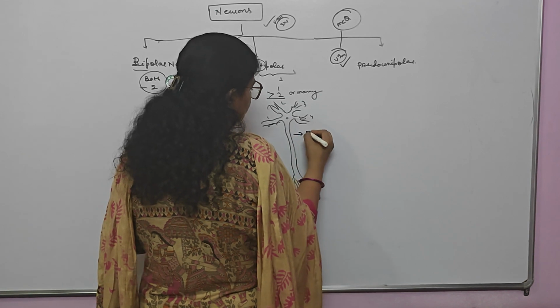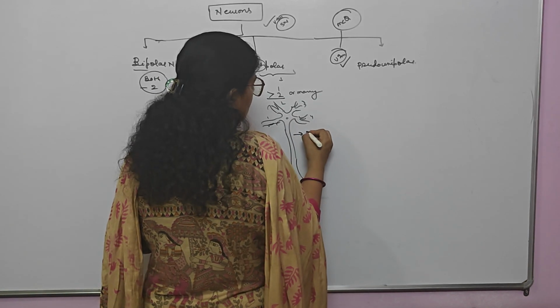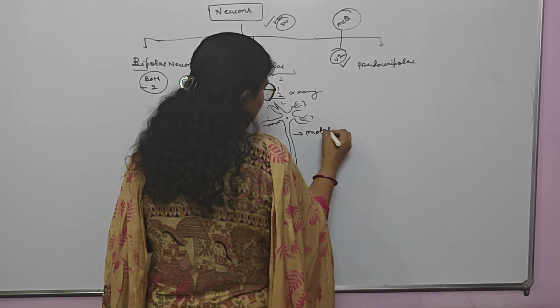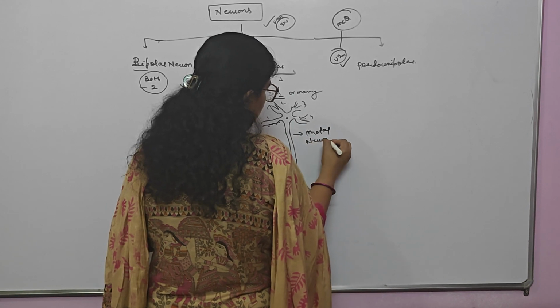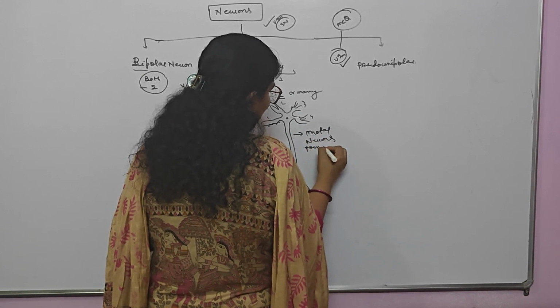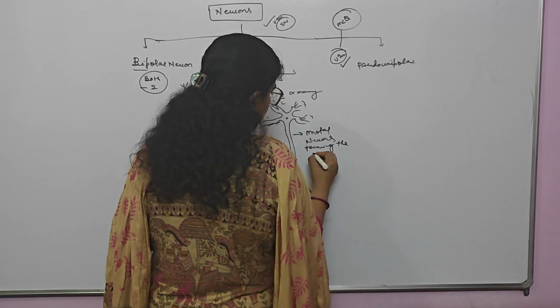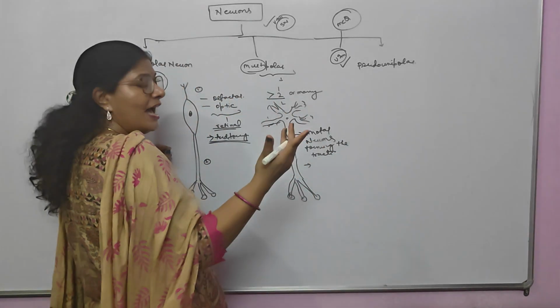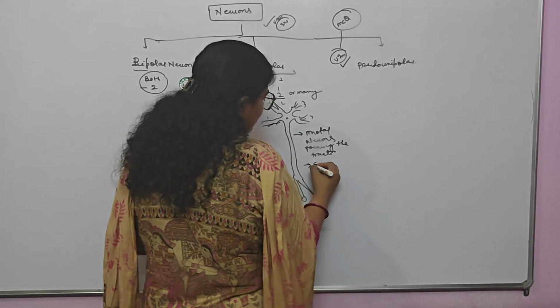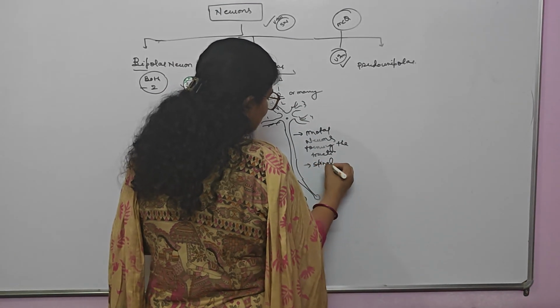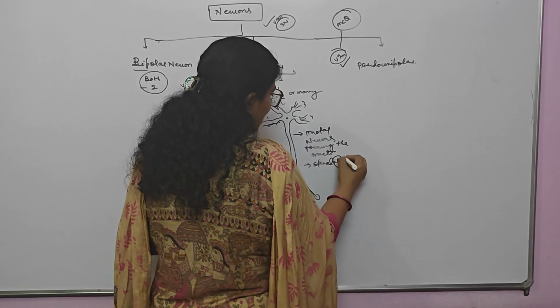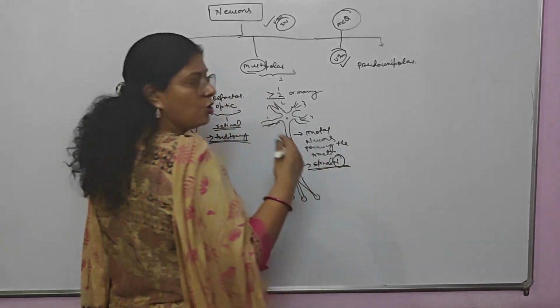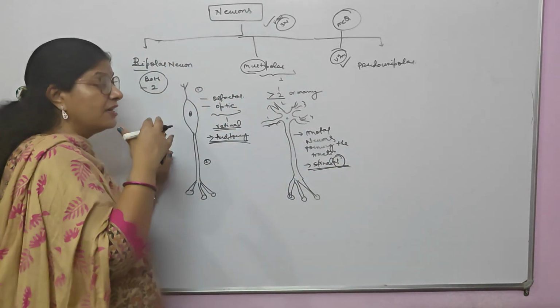So the various motor neurons forming the tracts. Okay, and what else do we have? We have the spinal nuclei, the spinal cells present in the spinal cord.